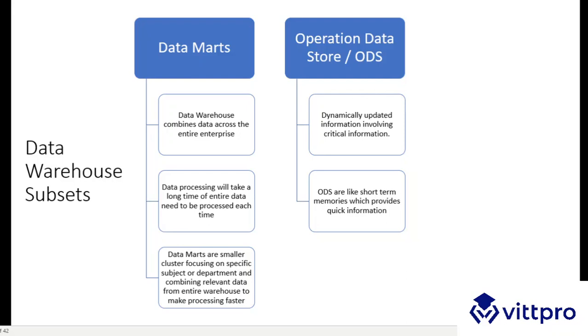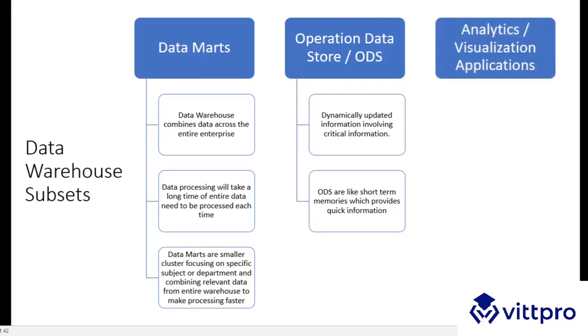These are very specific things which users use on a daily basis, on an every-minute basis. You can say it is just like short-term memory, like RAM in your computer, random access memory, which keeps the information the computer is using and calling all the time. So that part keeps the information which is always useful for everybody, and it is dynamically updated so that it is relevant all the time.